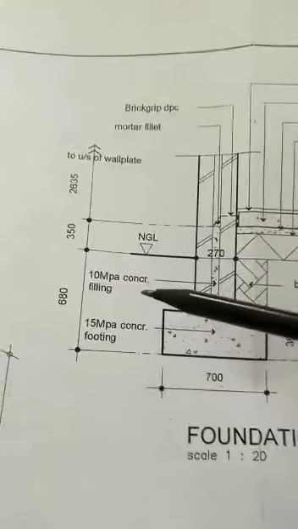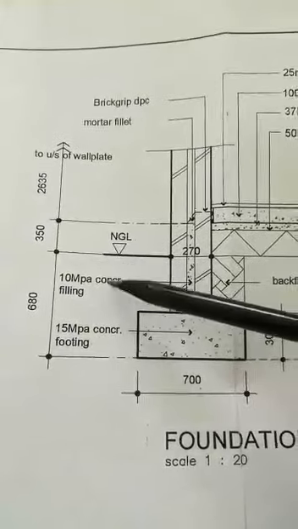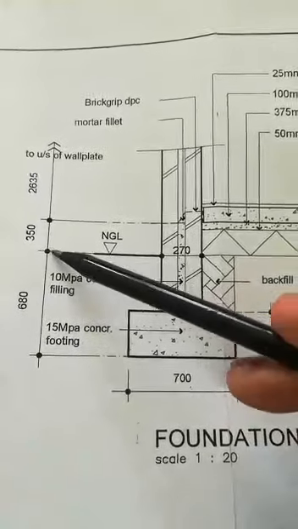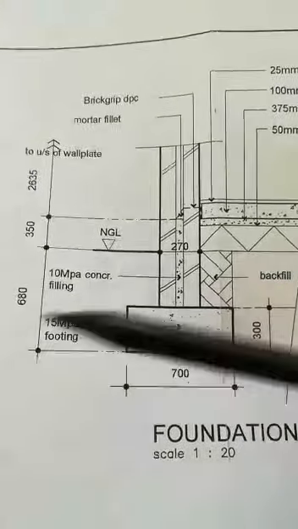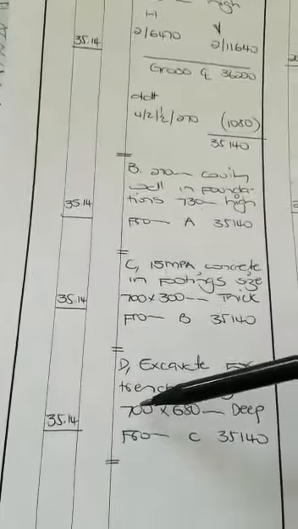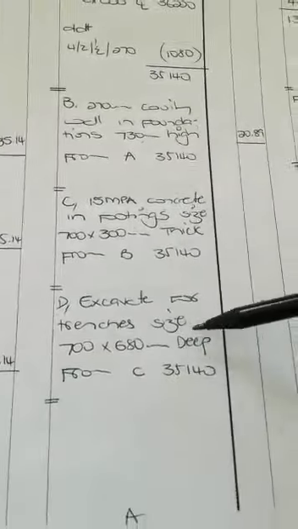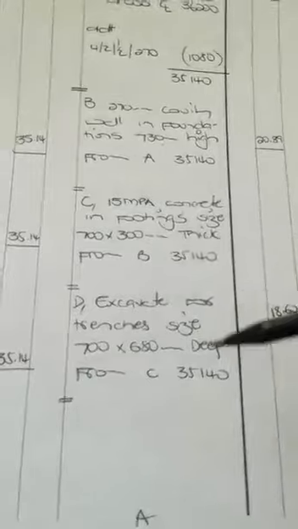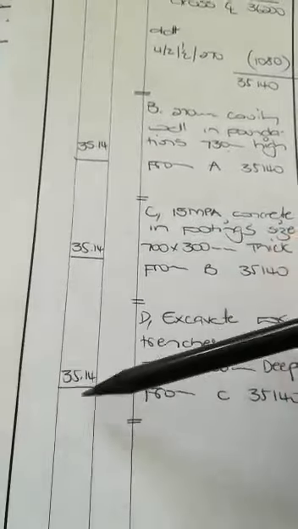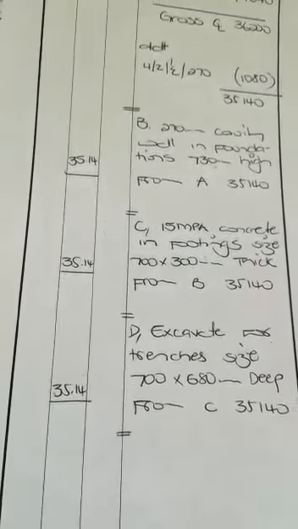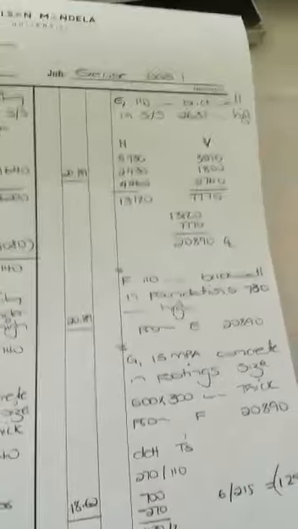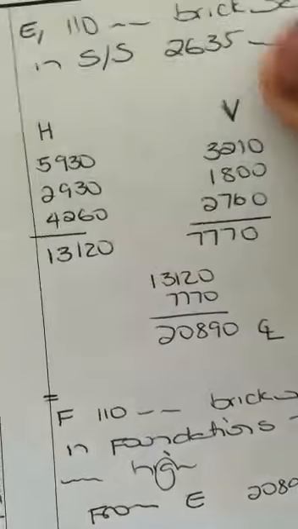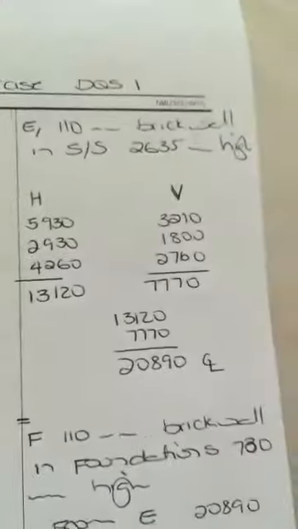In this instance, we've been given the trench depth, which is 680, because it starts from natural ground level to the bottom of our footing, and the width of our trench is 700 millimeters. And then from C, we get our center line, which we transfer to our dimensions column. Then we move on to our 110 brick wall.